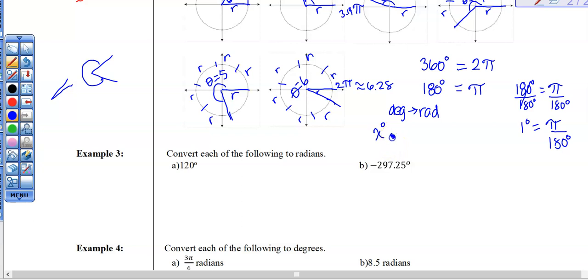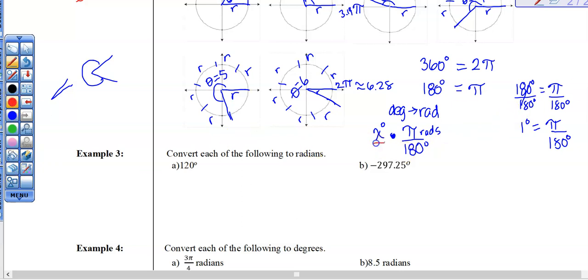So I'm going to multiply that times pi divided by 180 degrees. Now here's the reason that this converts to radians: this is pi, and I'm going to write pi rads over 180 degrees for the purpose of just giving you an example.